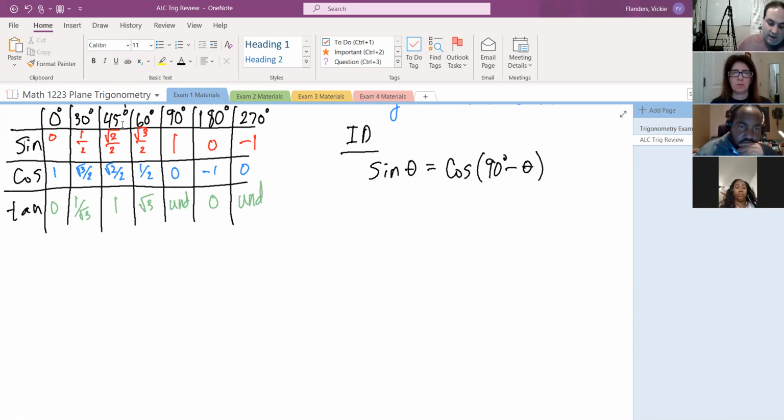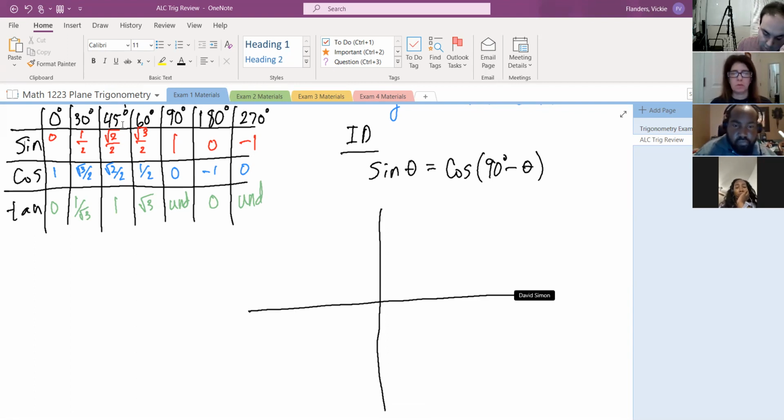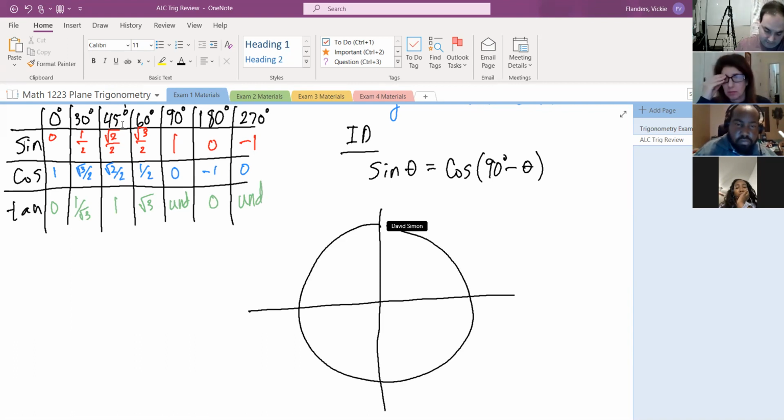Okay, so then how does this link back to the unit circle? These become the important angles all the way around. Maybe I can do it a couple times. That one's not too bad. So I've got those 3 angles in the first quadrant here, right? I've got the 30, 45, and 60, but then I've also got 0 and 90 on my axes.